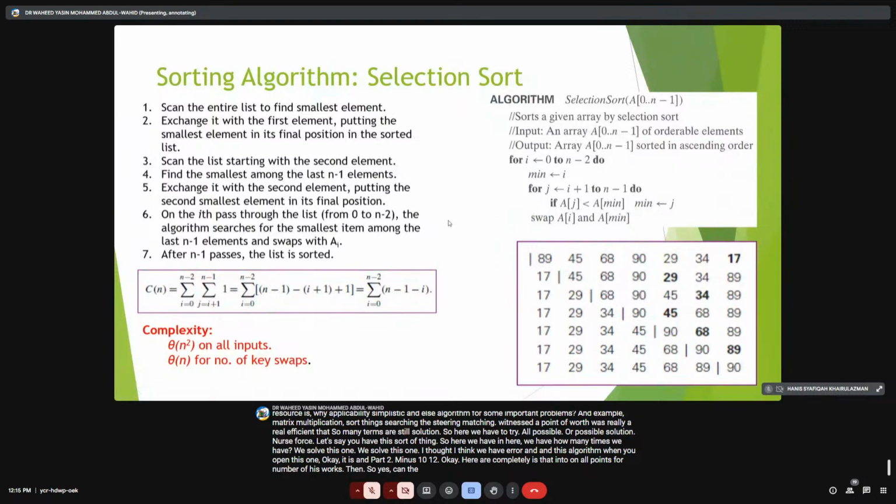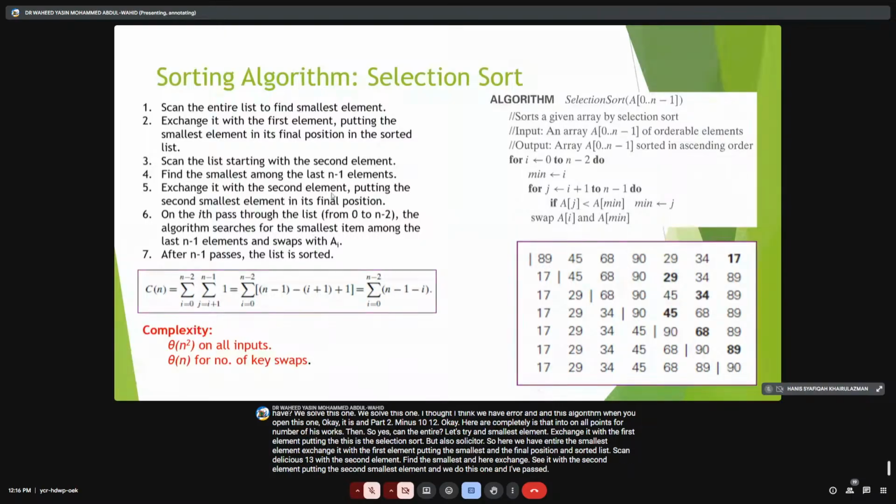Here we scan the entire list, find the smallest element, and exchange it with the first element, putting the smallest element in its final position in the sorted list. This is the selection sort, not bubble sort. Then scan the list starting with the second element, find the smallest, and exchange it with the second element, putting the second smallest element in place.